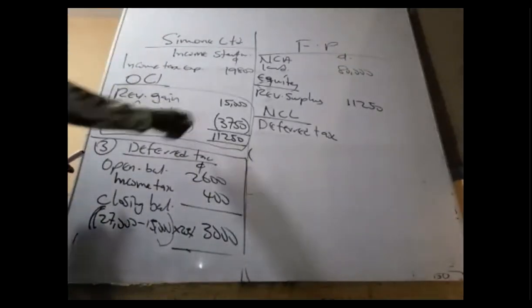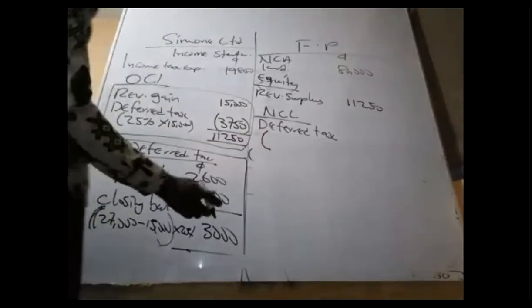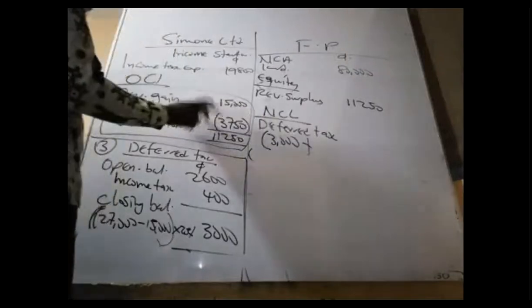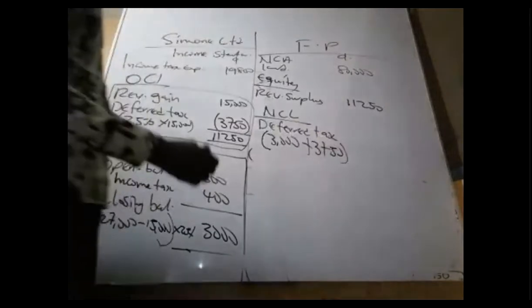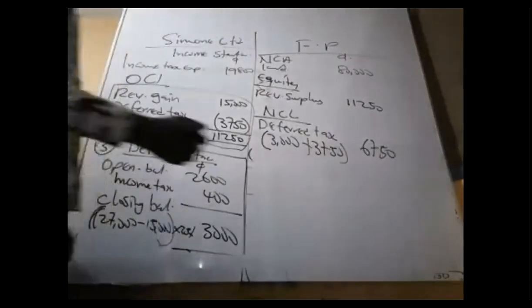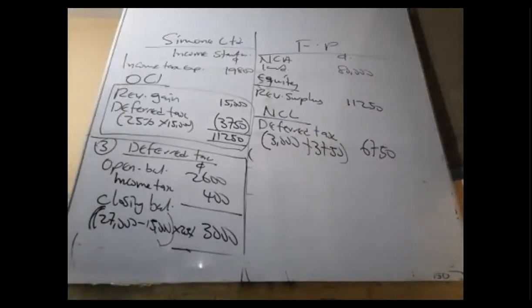The revaluation. So now you open up brackets. The normal deferred tax of 3,000 closing balance, plus the one you calculated on the revaluation, 3,750. So at the end of the day, you get 6,750. So that is the end of the question solving stage of IAS 16.